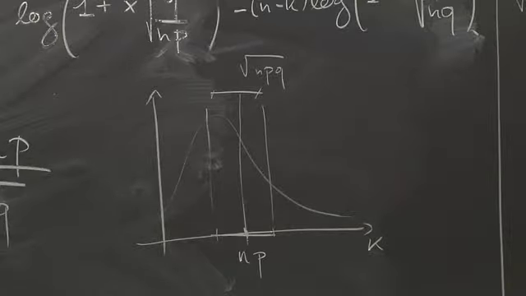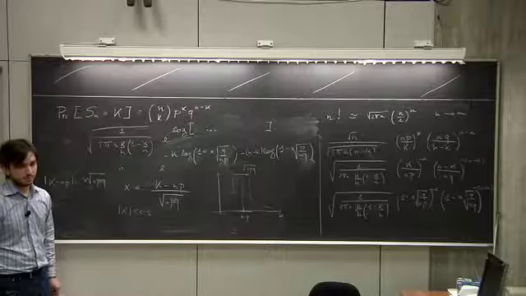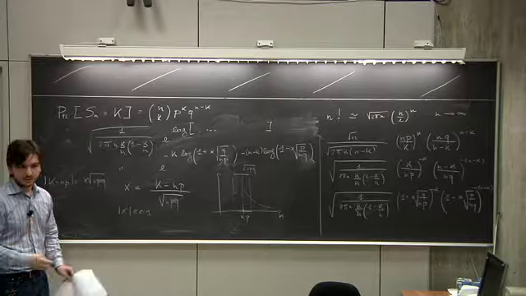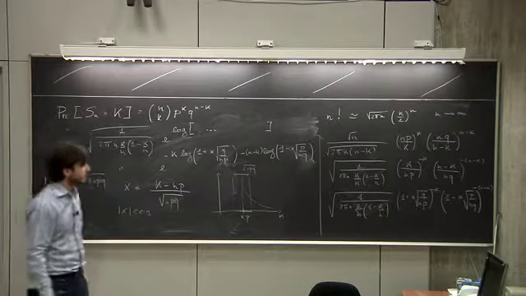Because x essentially is of order 1, because it's a random variable which is 0 mean and variance 1.